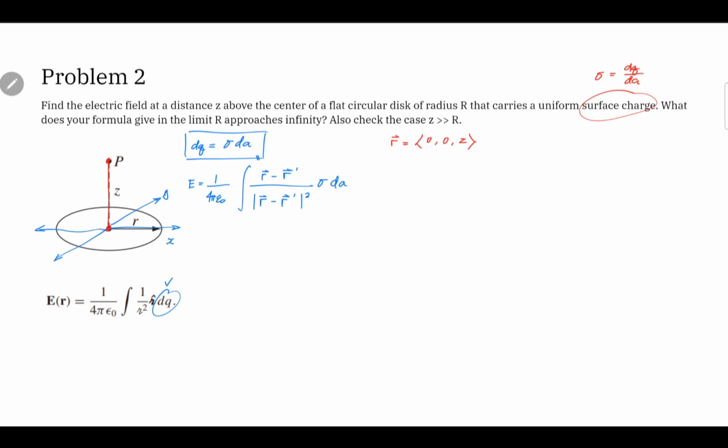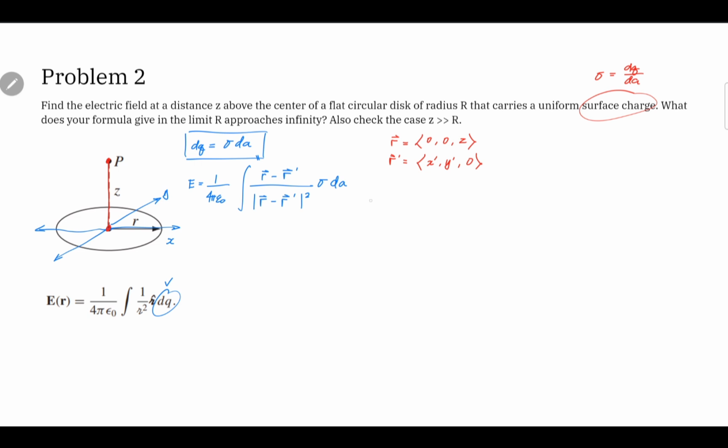Next, we're going to look for vector r prime, which, as you recall, is the distance from your origin to your source charge. In this case, our source charge is this entire surface. Our circular disk is the entire source charge. So we're going to write it as x prime, y prime, and z is going to be 0 since it's lying on the floor.